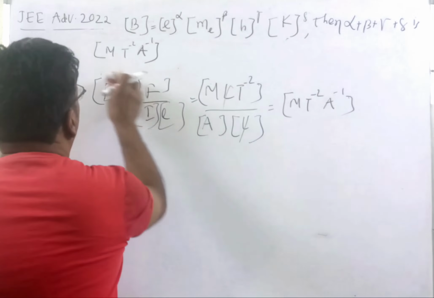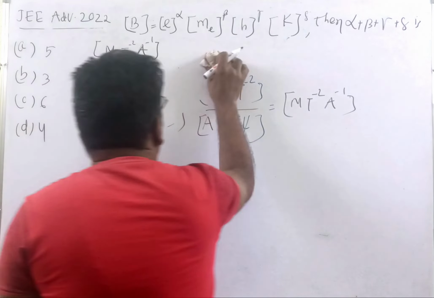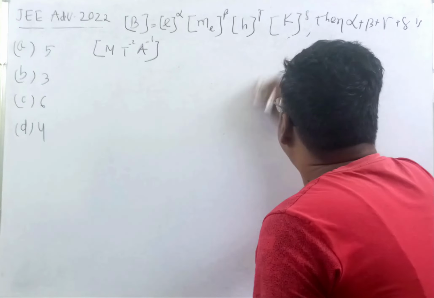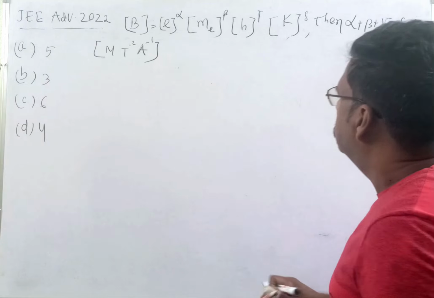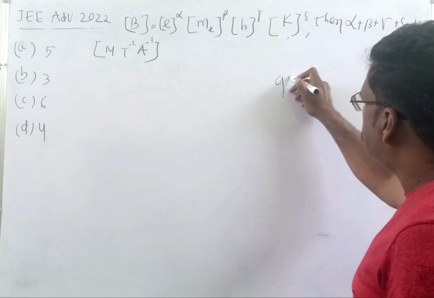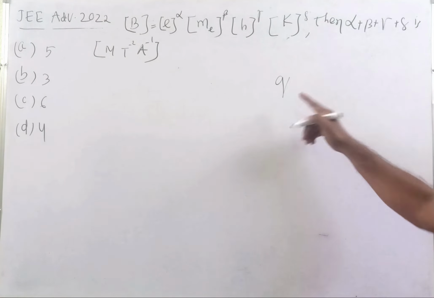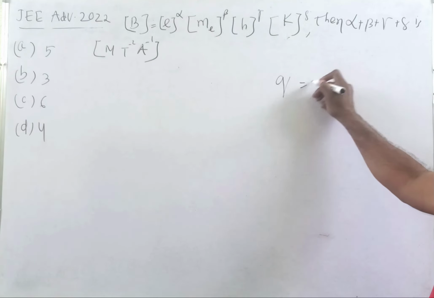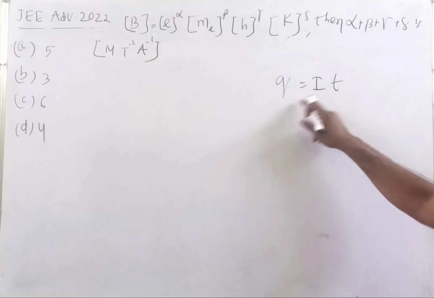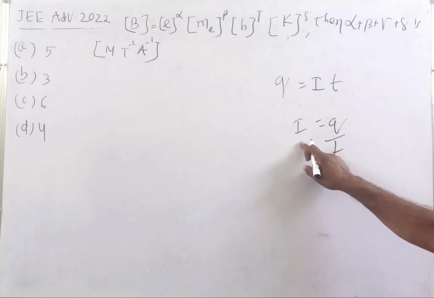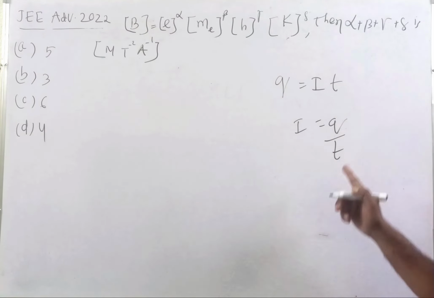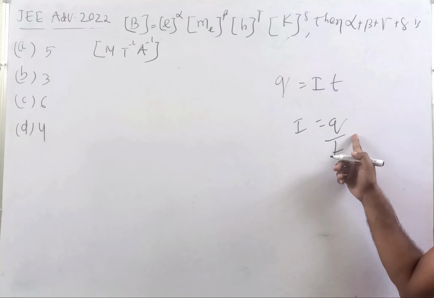Okay, student? Then what is the charge on an electron? Charge on an electron is also charge, and we write charge by Q. And what will be the dimensional formula for Q? This will be IT. We know Q is IT because I is Q by T, or current is the rate of flow of electric charge.